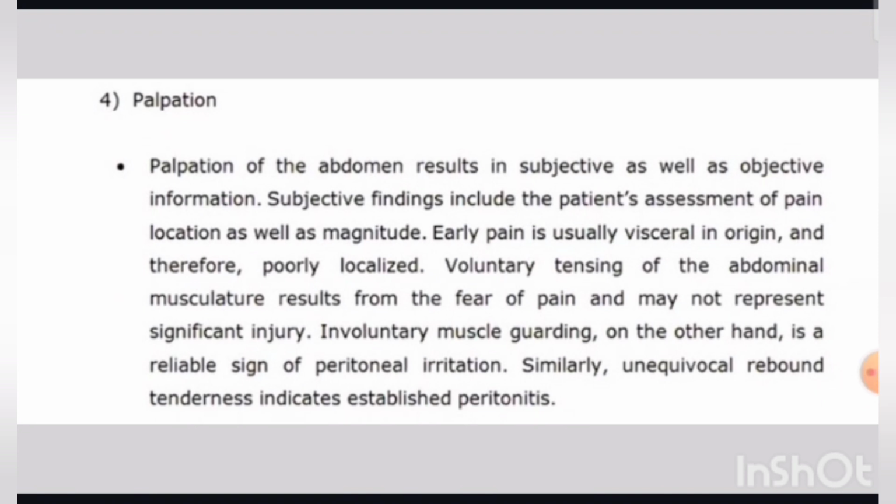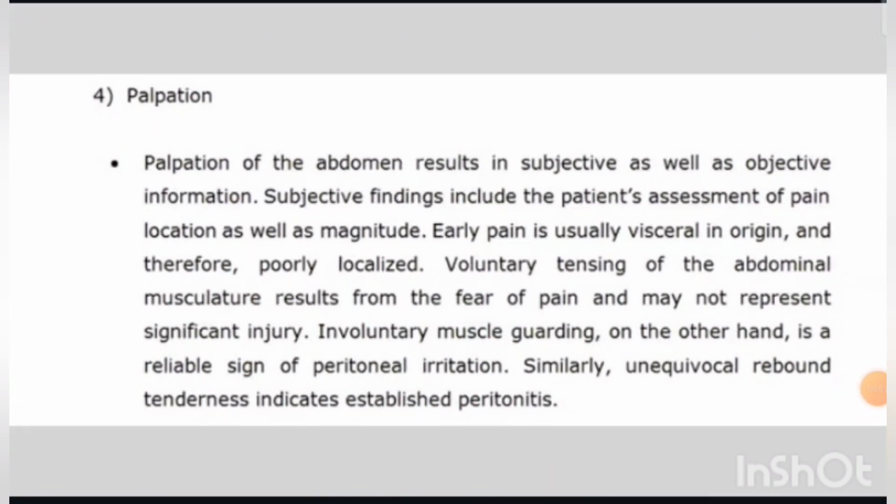Voluntary tensing means the patient voluntarily contracts the muscles to prevent you from entering your hand to do the assessment, maybe because the patient is afraid. But involuntary muscle guarding is involuntary. The patient may be conscious or unconscious, but if this sign is present, it is the best indicator of the presence of peritoneal irritation or peritonitis.